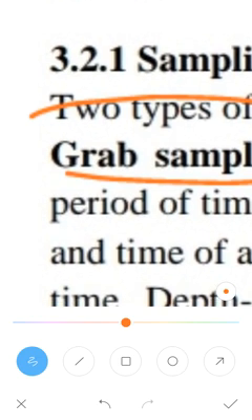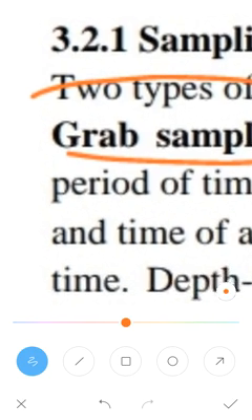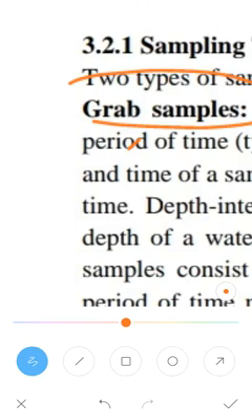Next we'll go for the composite samples. These composite samples should provide more representative samples of heterogeneous concentrations, since the analyte of interest may vary over a short period.